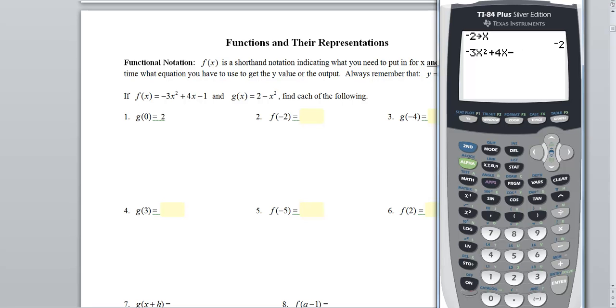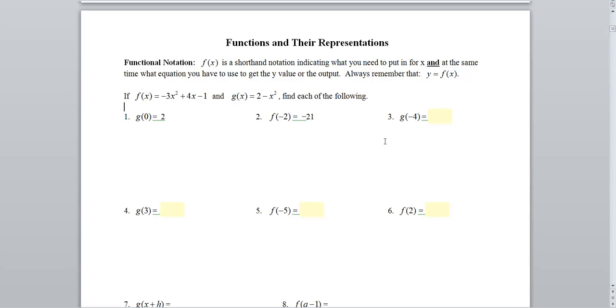The calculator knows order of operations. We've told it we want to put in negative 2. So you might try to do it longhand, and also try the calculator, and see if you can come up with it. My answer should be negative 21. And when I click this, my calculator goes away. And there's my negative 21.